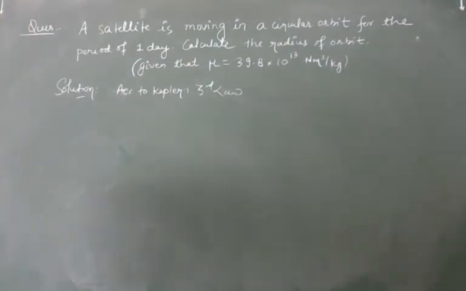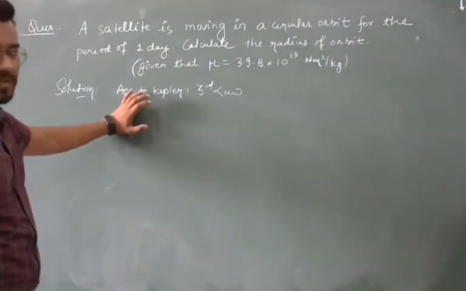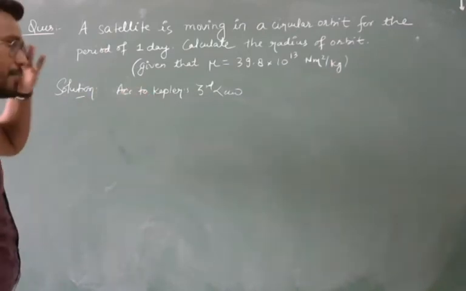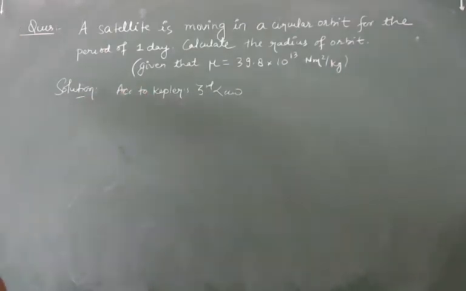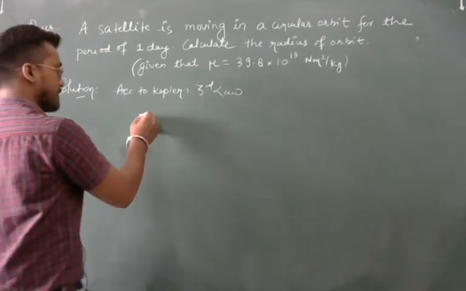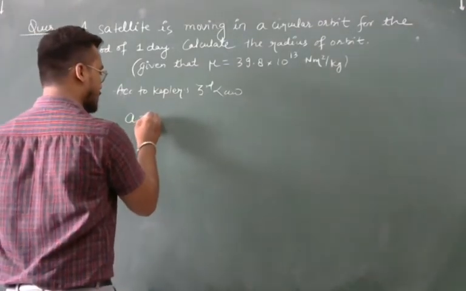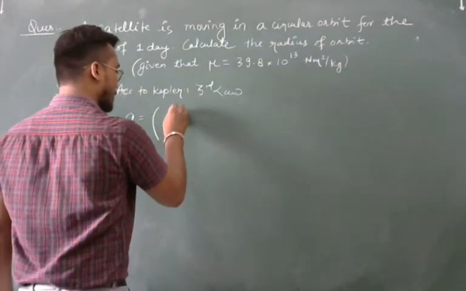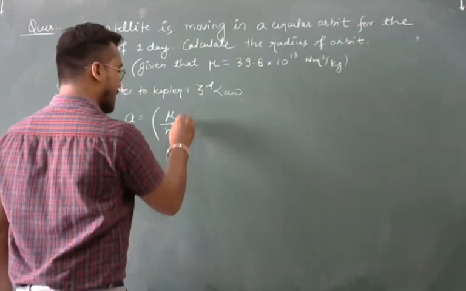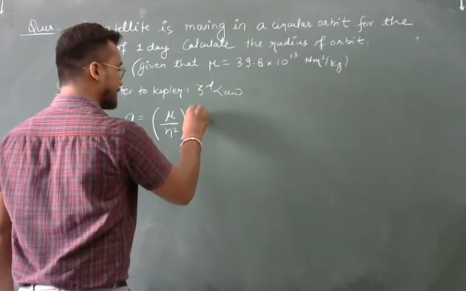In my discussion, I have told you about Kepler's first law, second law, and third law. I hope you remember. That is given as A is equal to (mu upon n square) to the power 1 by 3.